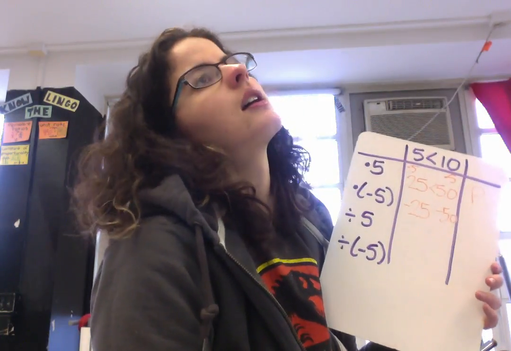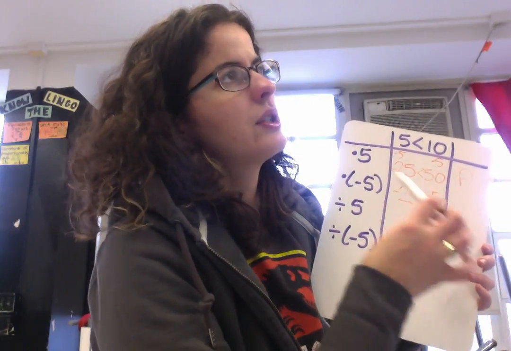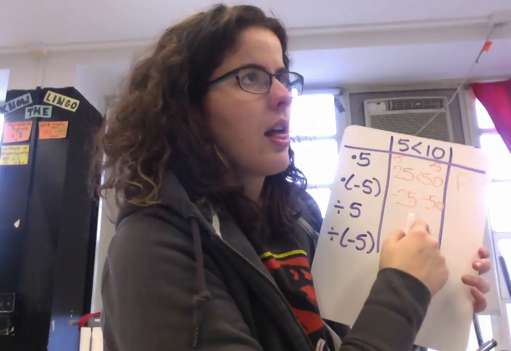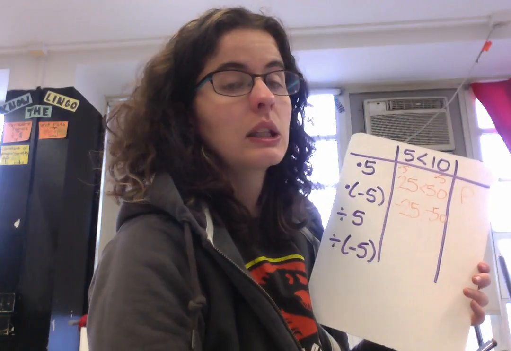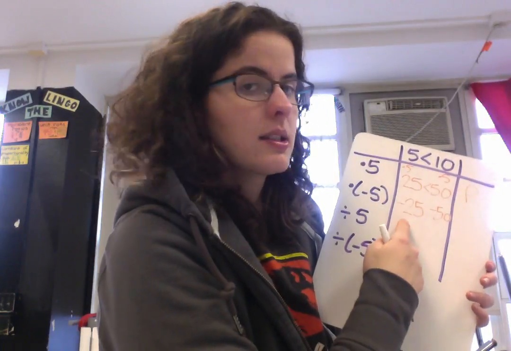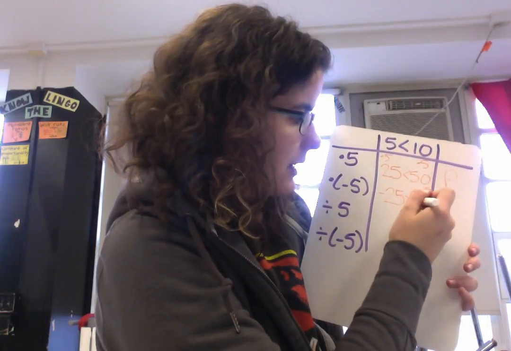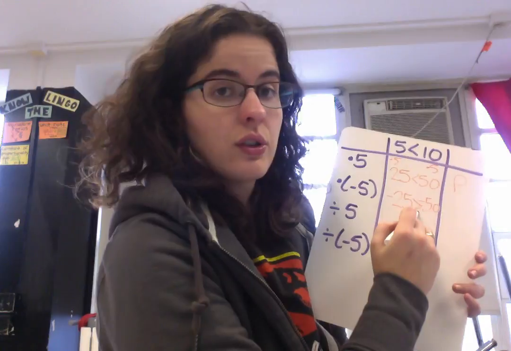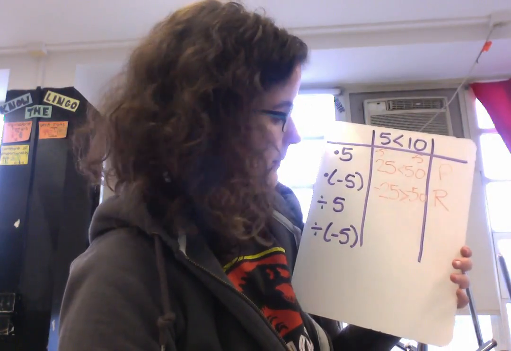Now I need to start thinking, okay, the farther to the left you are or down you are on the number line, the more negative you are, that's actually the least number. So as you go left or down, that's going to be a lower number. The closer you are to 0, that's going to be a higher number when you're in the negatives. So in fact, negative 25 is greater than negative 50. That's a change. So that means that this is the first time we're seeing that our inequality reverses.